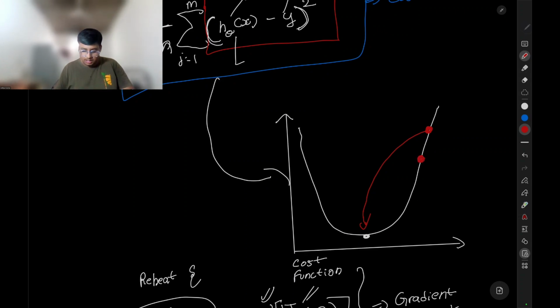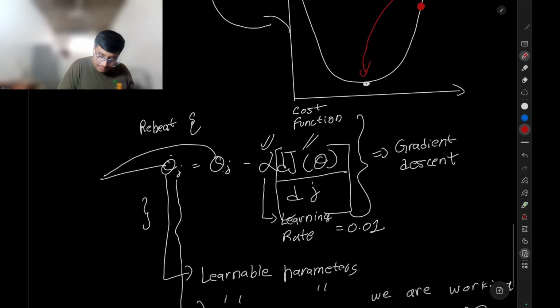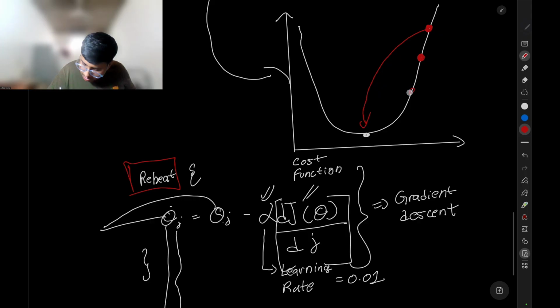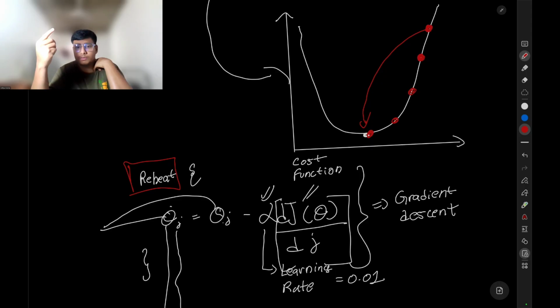Once again, we will repeat this algorithm. You can say I have written here repeat. We will repeat it until the loss function converges. Okay. So the one question that you should have in your mind is till how long we will run this gradient descent. There are two rules for this. First rule is you can set the number of times the gradient descent can run.